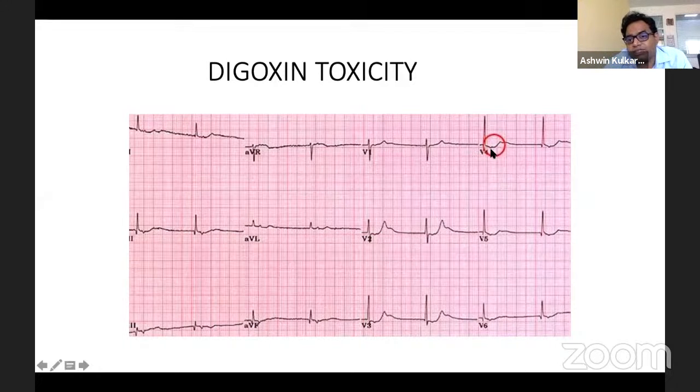What is also mentioned in some books is that in general ischemia, there will be a slight dip from the isoelectric line, and then the ST segment depresses, whereas in digoxin toxicity, it remains at the isoelectric line. So this inverse tick mark sign is probably the most important indicator.